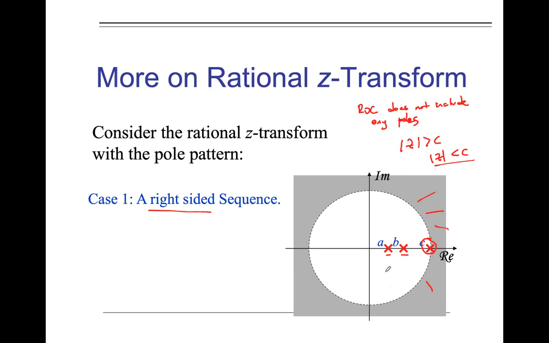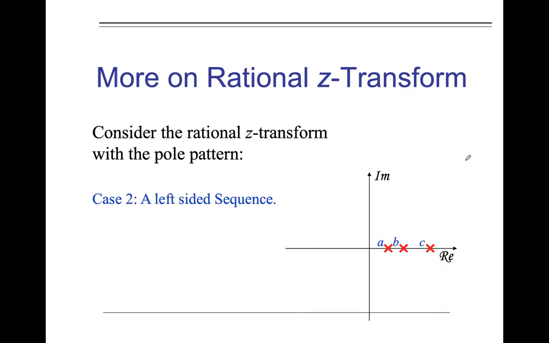At A and B the denominator becomes 0, so the whole thing goes to infinity. That's why I cannot say this for a left-sided sequence.